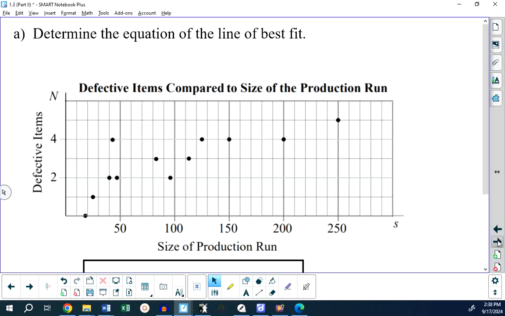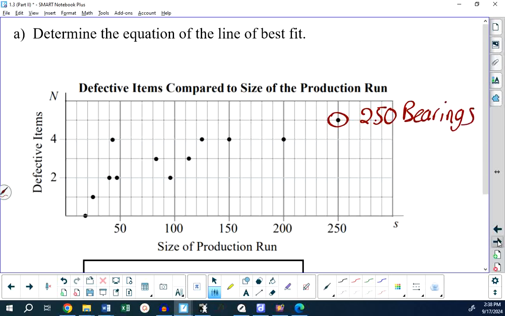So in this particular case, the production run is not given in terms of hours, it's given in terms of bearings. For example, on one particular day, when they produced 250 bearings, there were 5 defective. Are you with me on that?